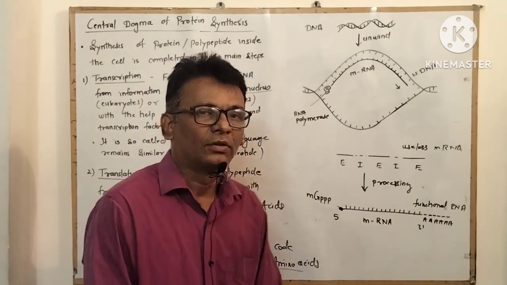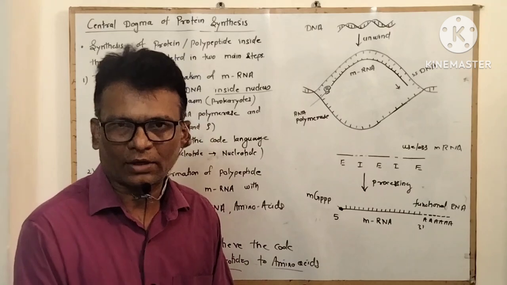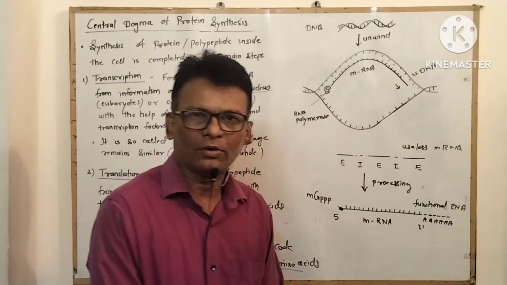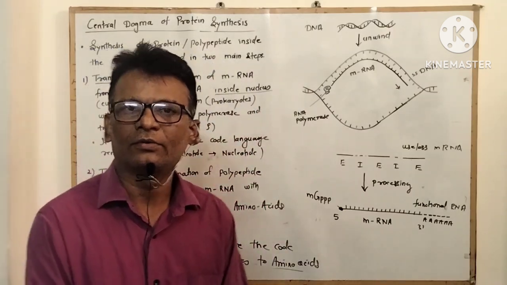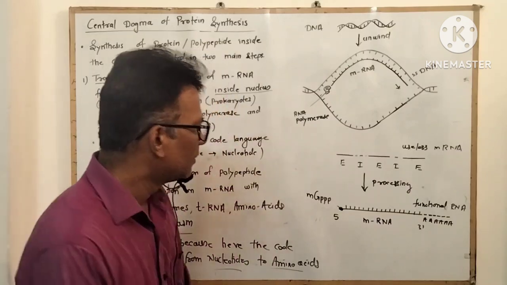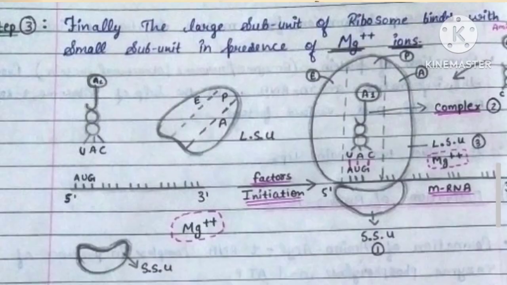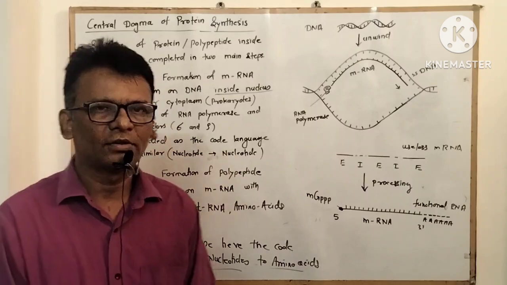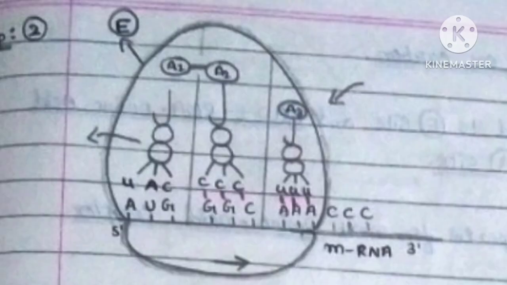Now, the large subunit binds to the ribosome with the help of binding factors, that is magnesium ion. This step is called the initiation step. After initiation, elongation occurs, or you can say polymerization occurs, due to addition of amino acids to the ribosome.